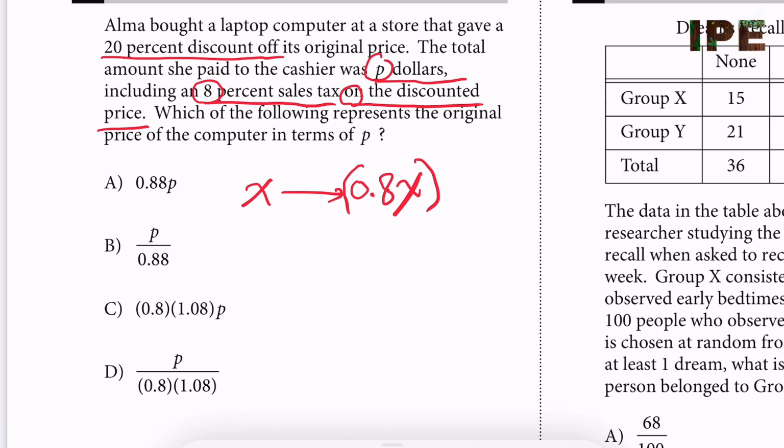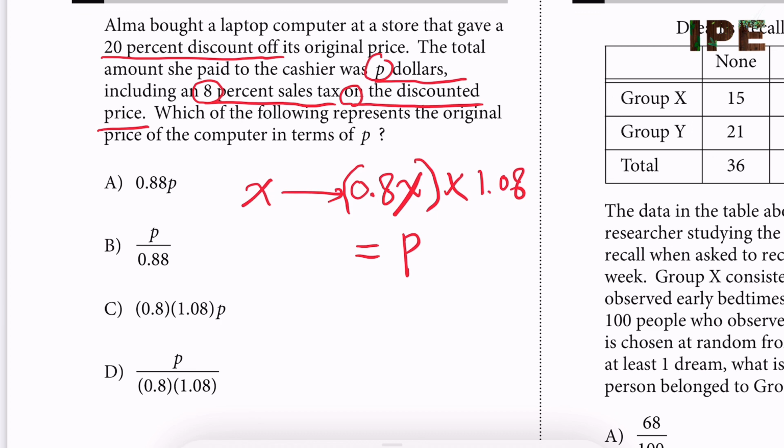Don't add 8%, because 8% sales tax means it is 108%. Directly multiply the discounted price by 1.08. And that should be $P because the customer paid $P.